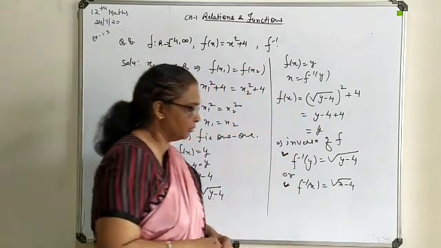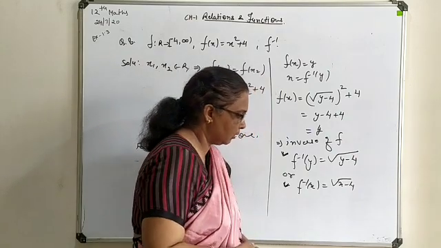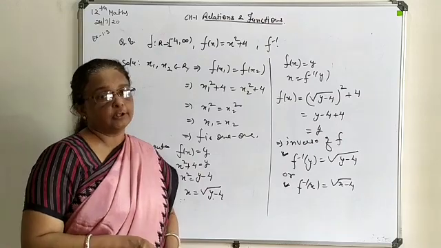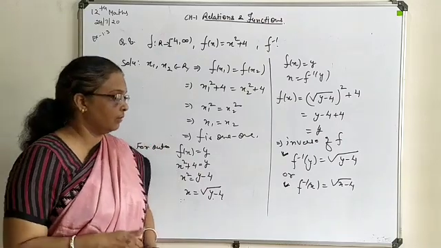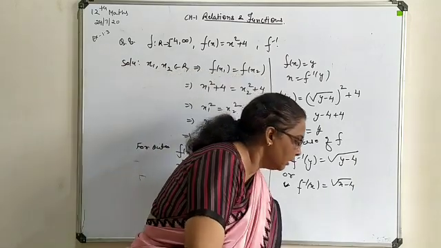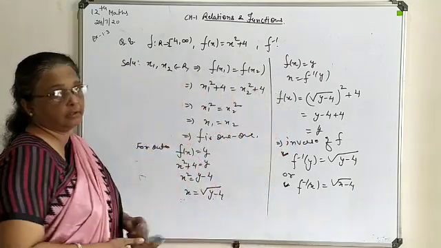Now we are going to move to question number 11, in which again a function is being defined in terms of a set. So we have to find the inverse of inverse. So let's move towards that one more category based on inverse.